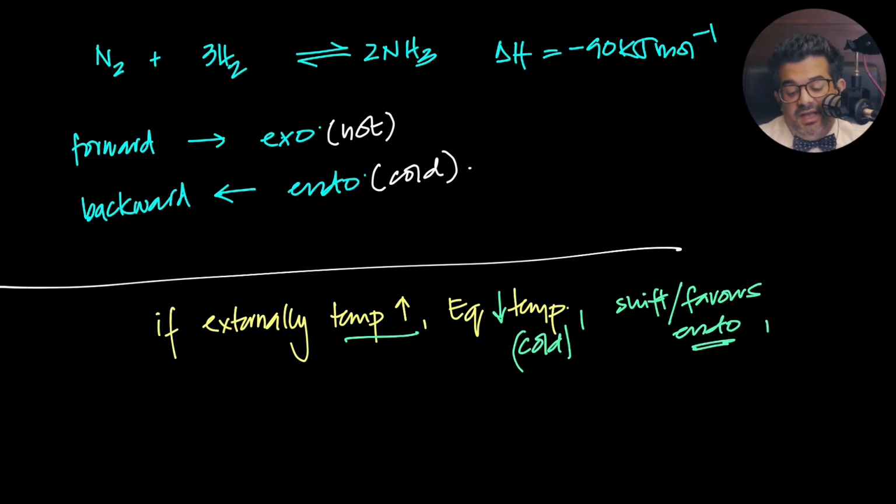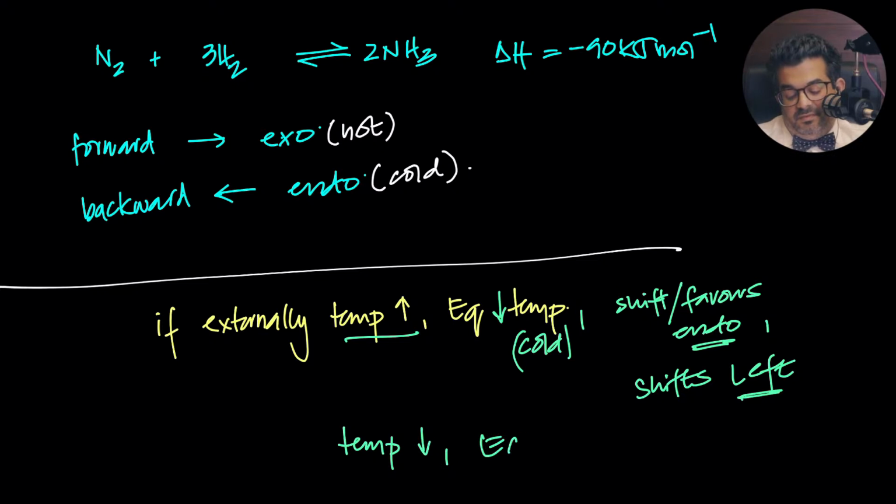In this case, endo is backward, so it shifts left or back. On the other hand, if temperature in this case is decreased, the equilibrium will want to increase temperature.